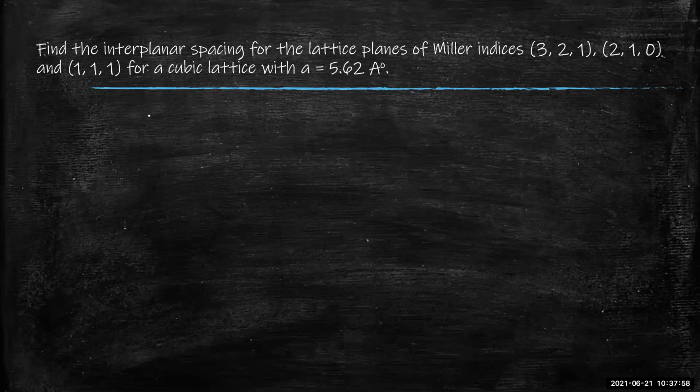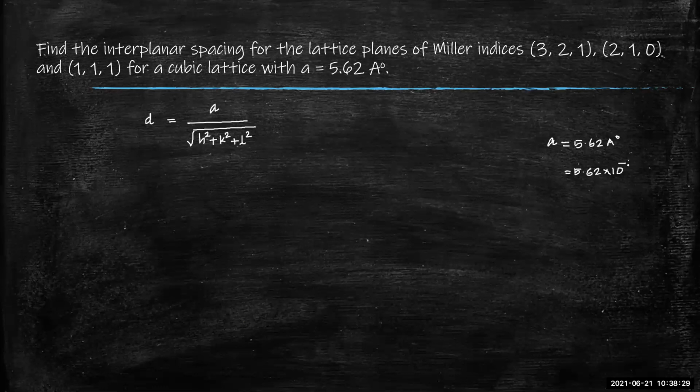We know that the general expression for D is equal to A divided by root of h square plus k square plus l square. Here the value of A is given as 5.62 angstrom, that is equal to 5.62 into 10 raised to minus 10 meter.